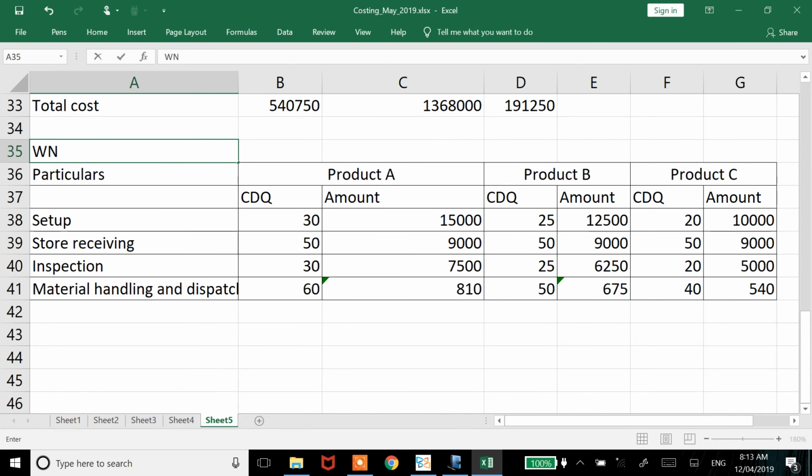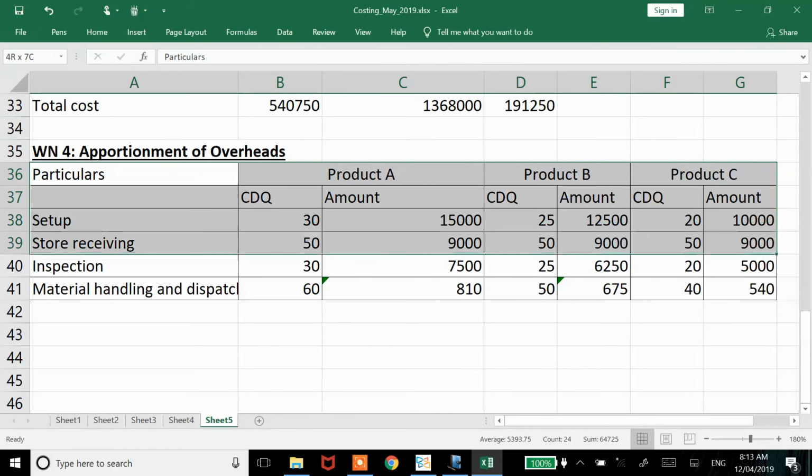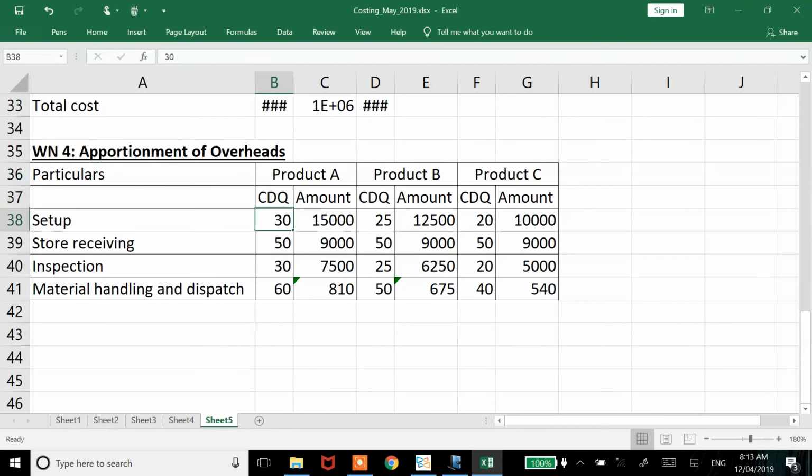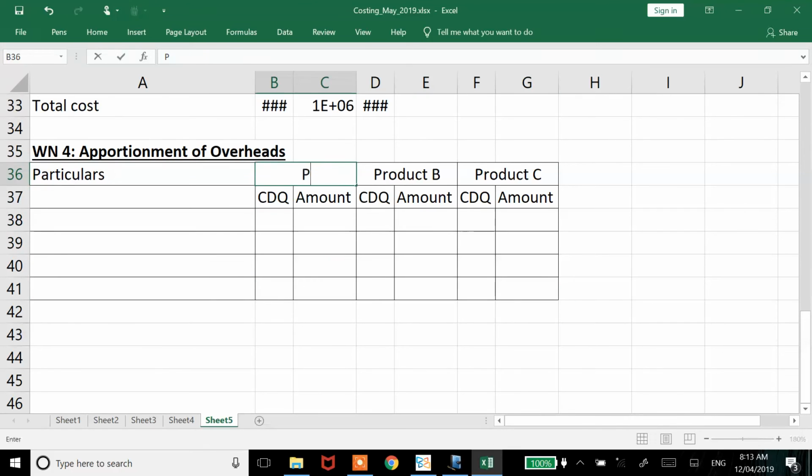Working note 4, apportionment of overheads, product P, product Q and product K. 3 products, product P, product Q and product K.